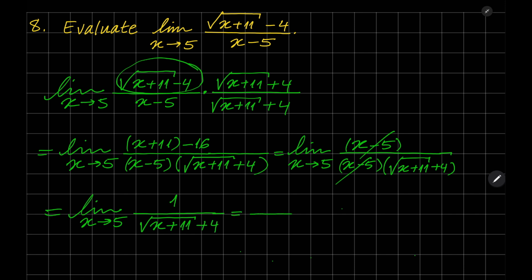And this is equal to, we can now use the substitution method, 1 over root 5 plus 11 plus 4, which is equal to 1 over 4 plus 4, which is equal to 1 over 8. That's the answer.